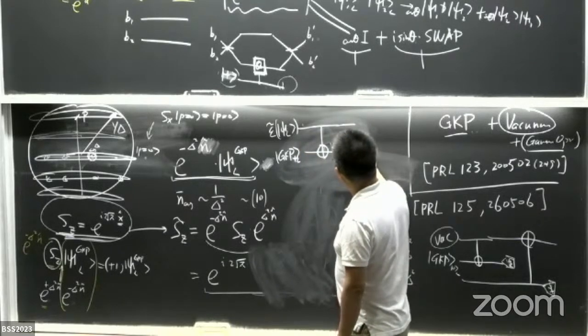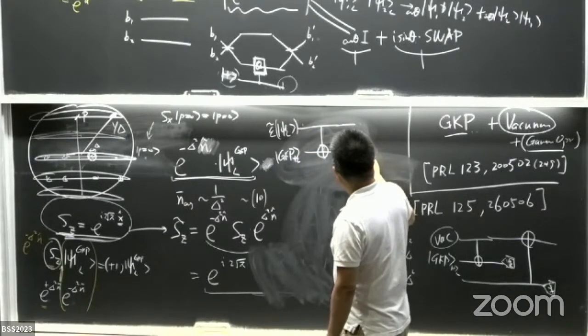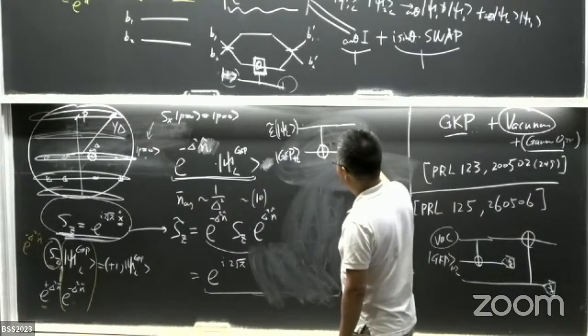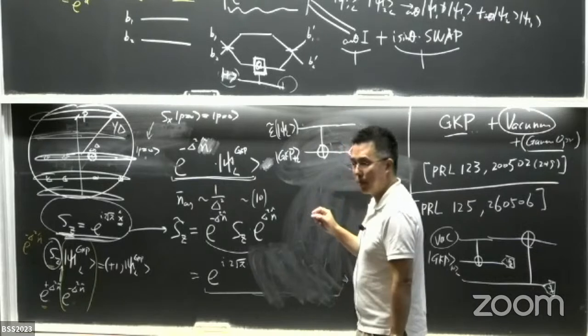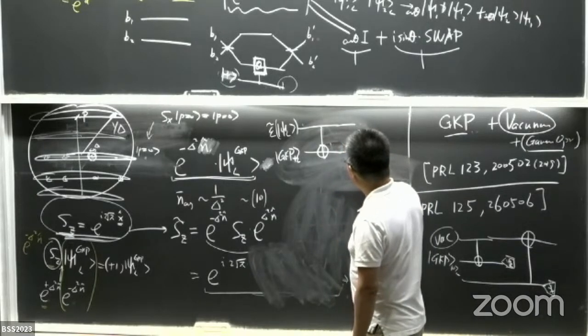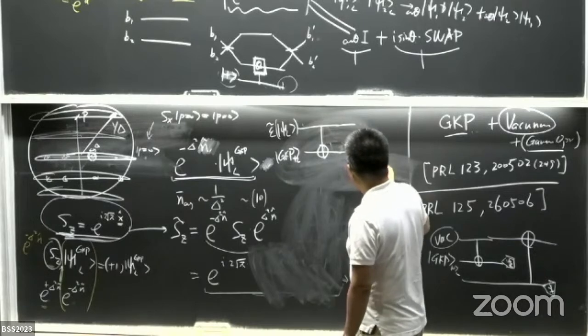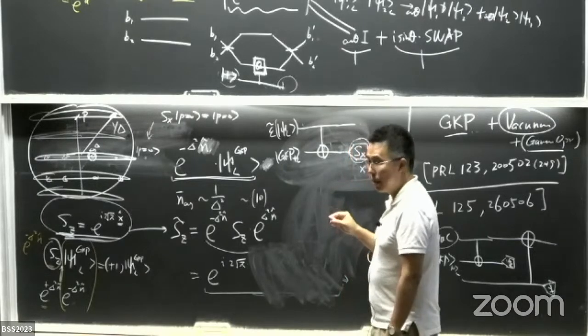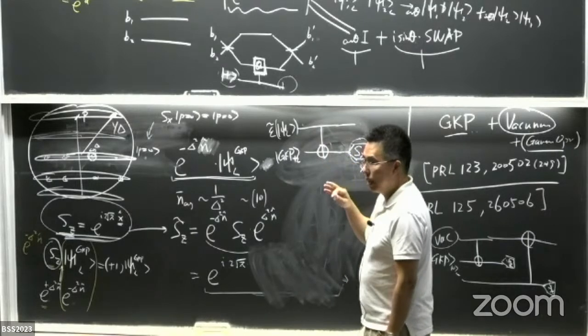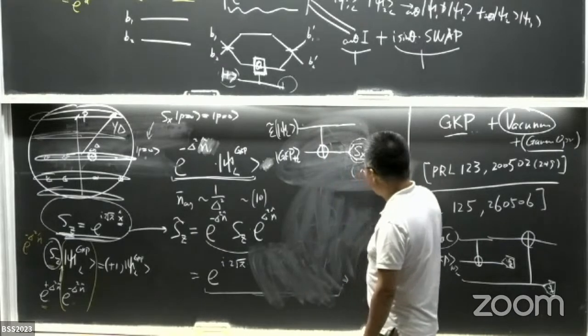Now, I can perform a stabilizer measurement of, I think, SX. Or alternatively, I can just do the harmonic measurement to measure the value of X for my bosonic mode here. Why is this okay?